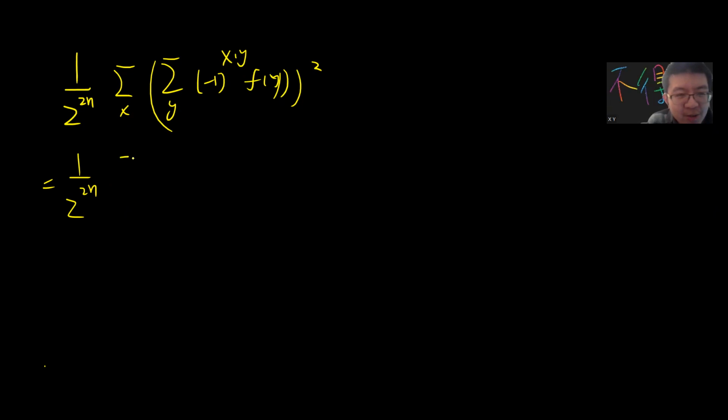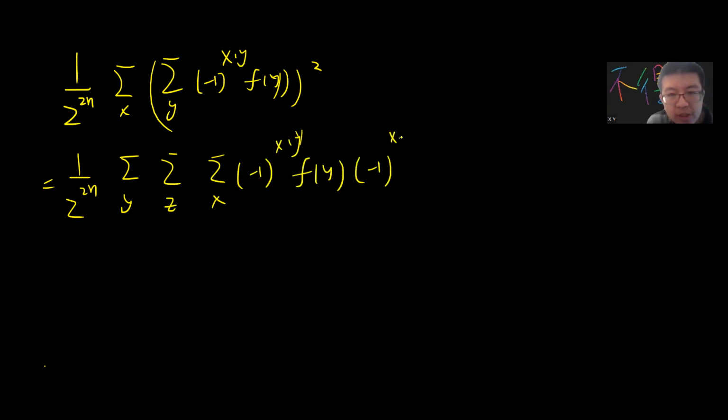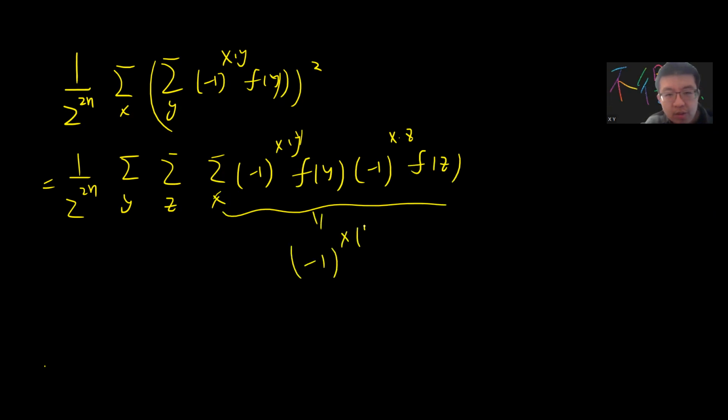Okay, so now you get the sum over y and z and x of minus 1 to the x·y, f of y, times minus 1 to the x·z, f of z. Okay, so there are 3 of them. And the thing is like the sum over x. So this guy is just minus 1 to the x·(y plus z), f of y, f of z, summed over x.